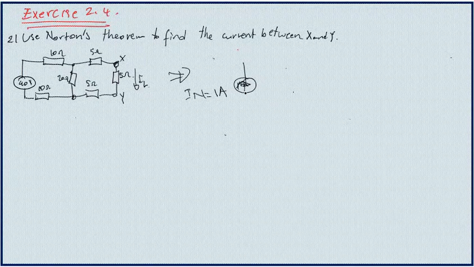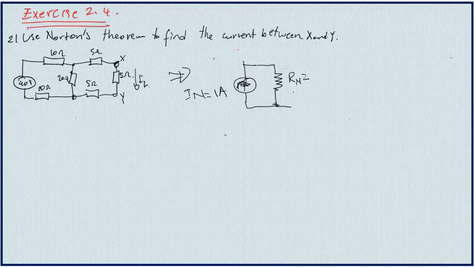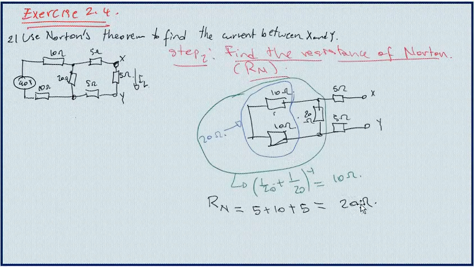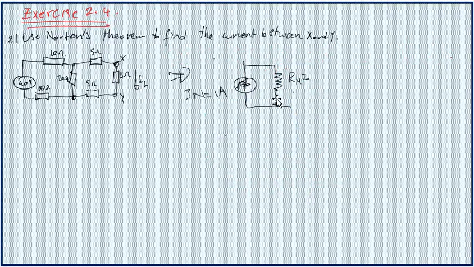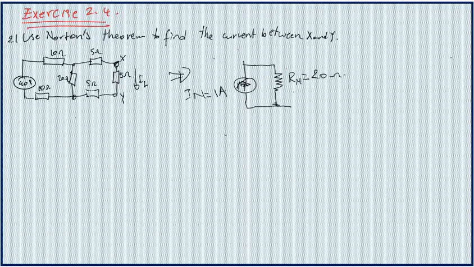That is the Norton current. When we use Norton, the source of current should be in parallel with the Norton resistance. We have determined the Norton resistance here, which is equal to 20 ohm.